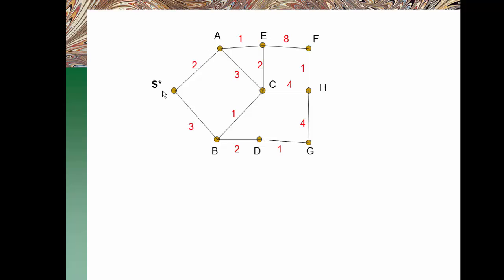For example, if we have the path SAC, then the weight of this path is 5 because we add all the weights of the edges in that path. If we have another path, for example SBC, then the weight of that path is 4. Dijkstra algorithm will find a shortest path from the vertex S to any other vertex in the weighted graph.